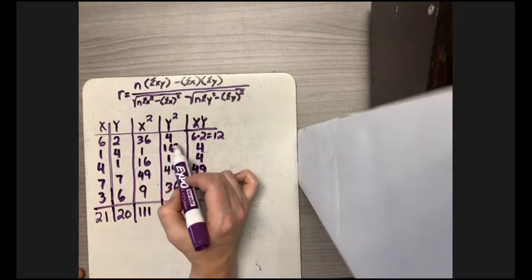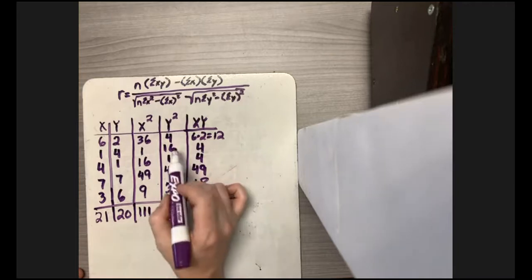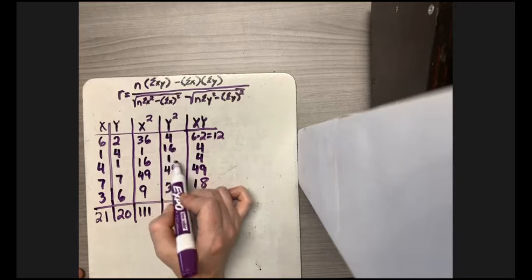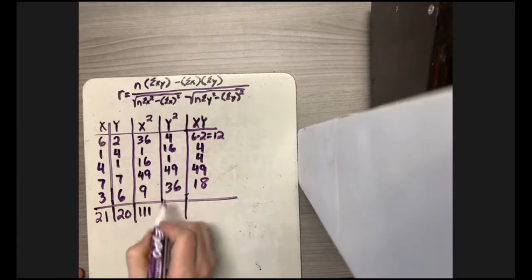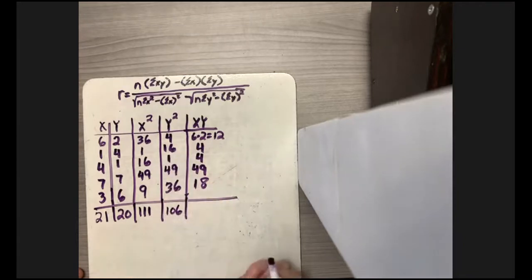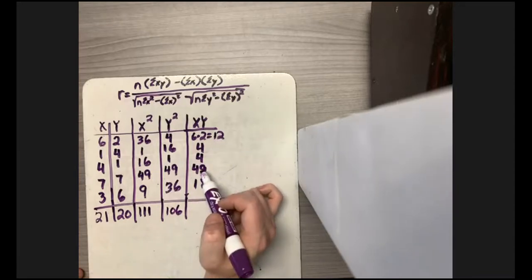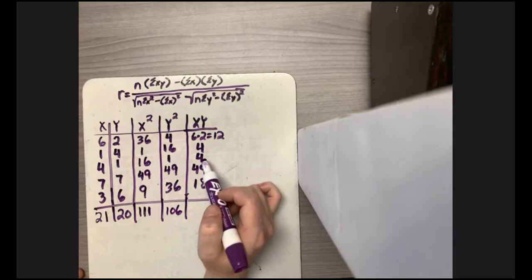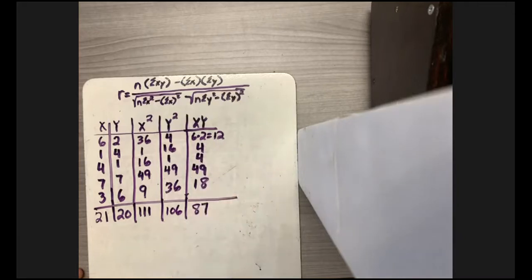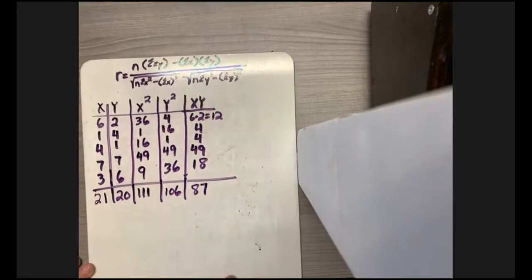Here I've got 20 and 50 is 70, and 36 is 106. And then 12 and 18 is 30, 79, 87 for that one. Okay, so now I've got all my totals.